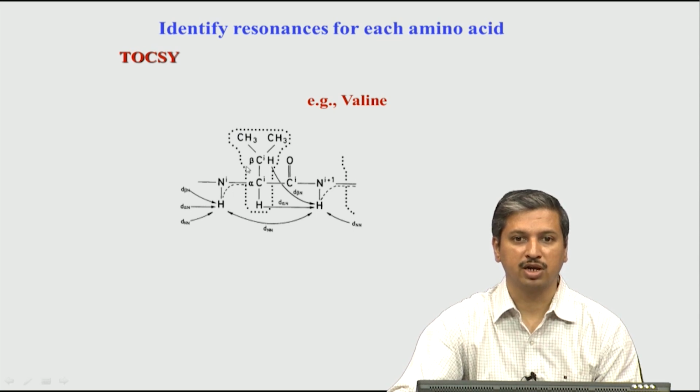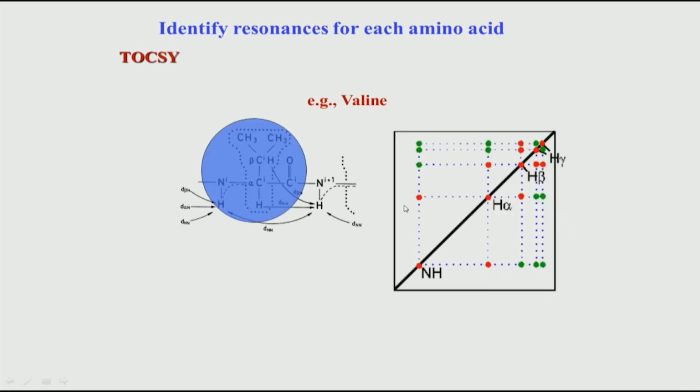For example, in a valine, I would expect correlations between this proton and this proton and all of them, but not to any neighboring amino acids. This is what is shown here. You can see this diagonal, and you can see the TOCSY correlation starting from this NH to the C alpha.